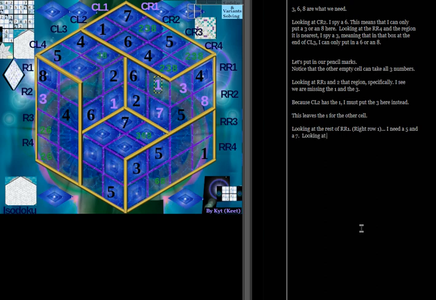Now looking at column right 2, I do not see a 5 or a 7.